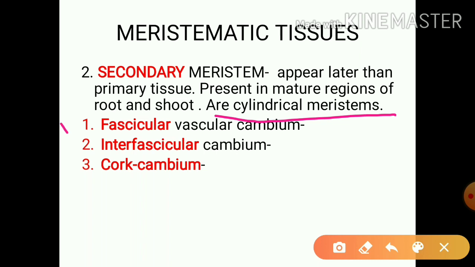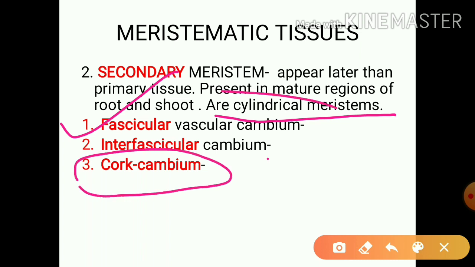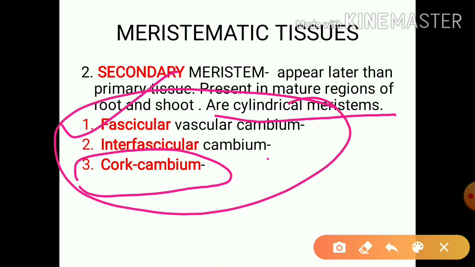First is fascicular vascular cambium, second one is interfascicular cambium, and third one is cork cambium. So all these are types of cambia. Cambia is plural and cambium is singular. This is a special type of tissue and we will discuss about all these types of tissue in the upcoming video.